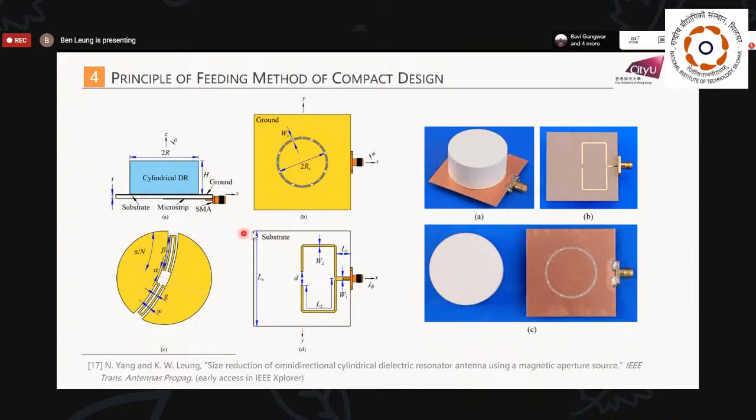Now, by introducing these inductive elements around the slot, the resonant frequency of the DRA becomes much lower. So this is the fabricated antenna. This is the slot loaded by this inductive structure.